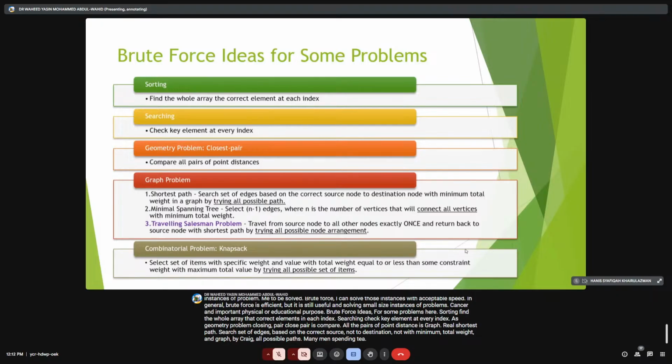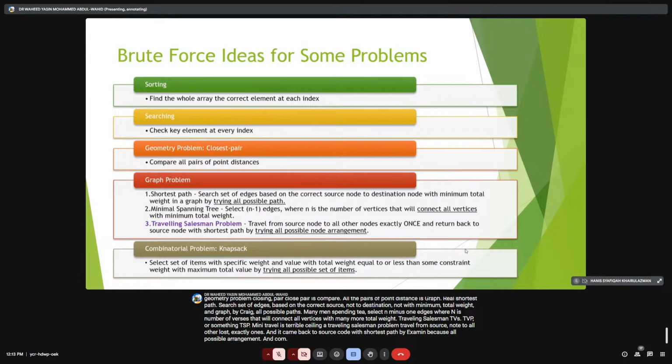Minimal spanning tree: select n minus 1 edges, where n is the number of vertices, that will connect all vertices with minimum total weight. Traveling salesman problem, TSP, means: travel from the source node to all other nodes exactly once and return back to the source node with the shortest path by trying all possible node arrangements.